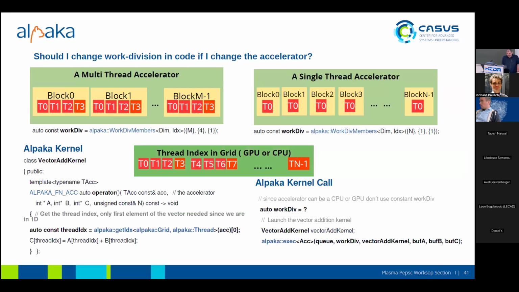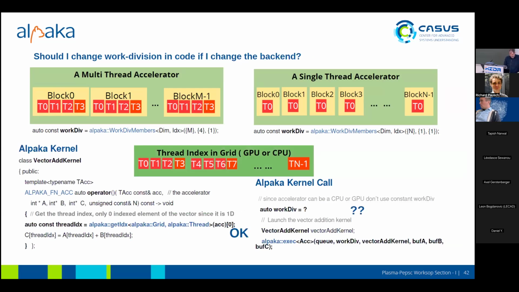Actually, this is the problem. For example, getting the thread index would work for different backends, but what will be the work division for calling the kernel?